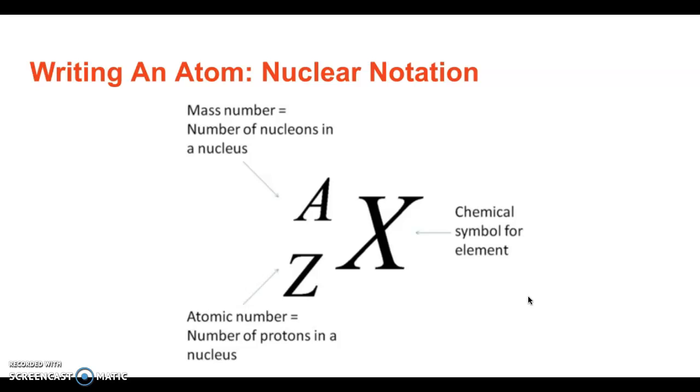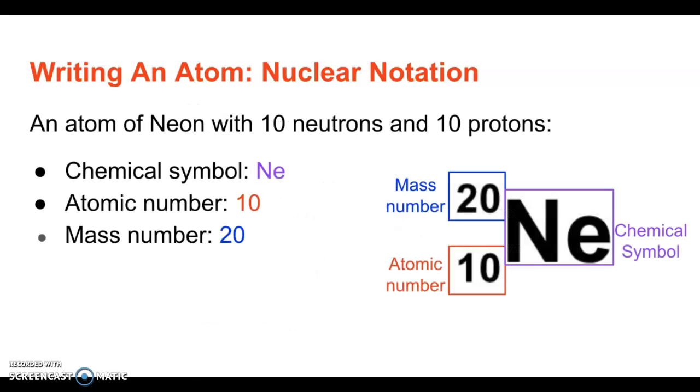We have what's called a nuclear notation, and that means that we can write it down. Here is your chemical symbol, here is your mass number, here is your atomic number. So if we go back to our example on neon, we can now interpret that and write it as a nuclear notation.